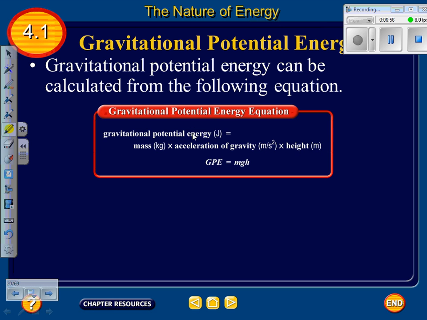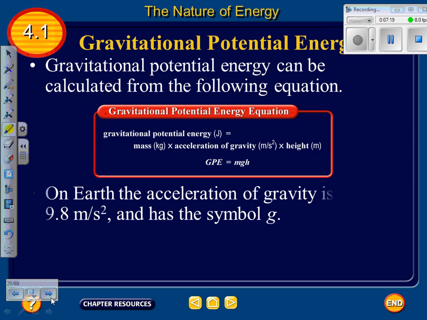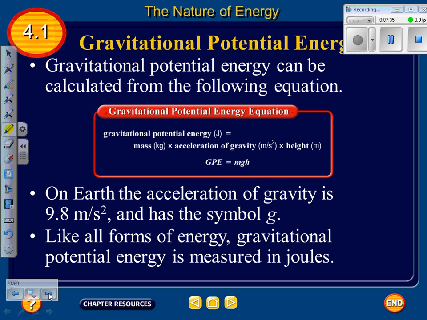Gravitational potential energy, again measured in joules, J, equals mass in kilograms times the acceleration of gravity, g, in meters per second squared, which you saw in the last chapter, times the height of an object above the Earth. Or in other words, GPE equals m times g times h. On Earth, the acceleration of gravity is 9.8 meters per second squared and has the symbol g. That's what this g represents. Like all forms of energy, gravitational potential energy is measured in joules.